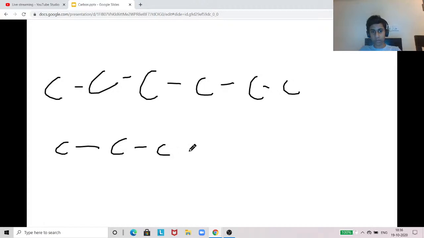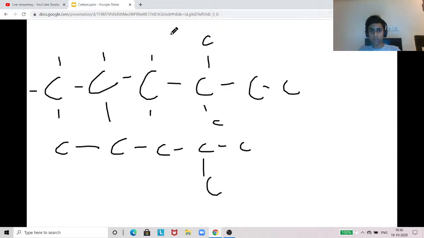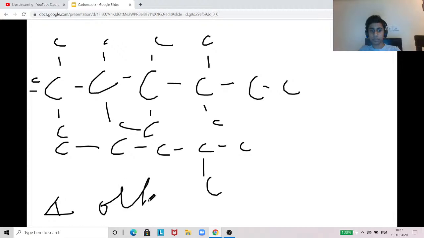In the end, the number of carbons should be the same, and they need other carbons or hydrogens to hold their hands, such that each child is holding on to four other people.